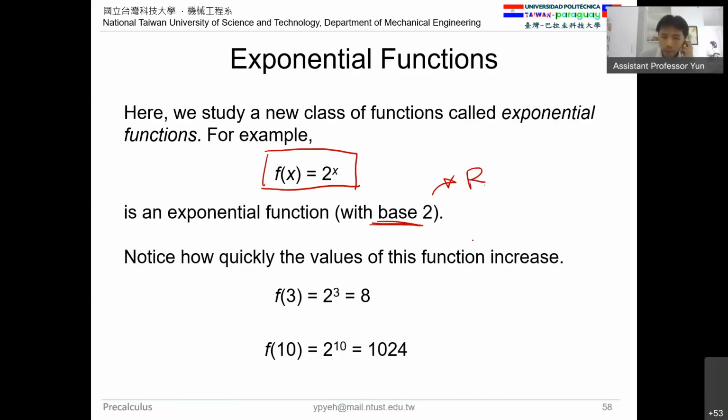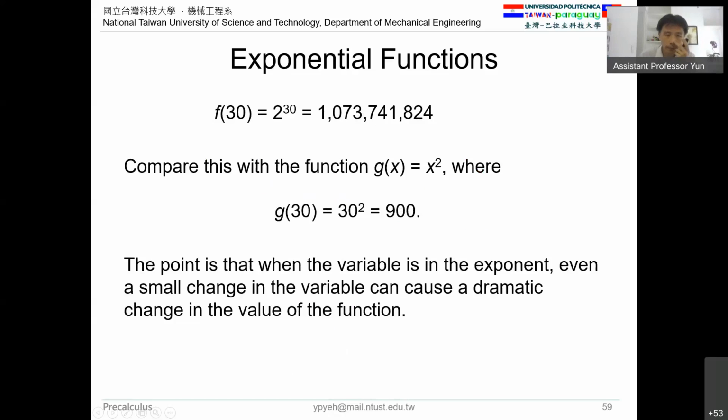Okay, and the x here is the exponent, which depends on the base you have. So in the case of f of x equals 2 to the power of x, f of 3 equals 2 to the power of 3, which equals 8. In the case of 2 to the power of 10, it will equal 1024.